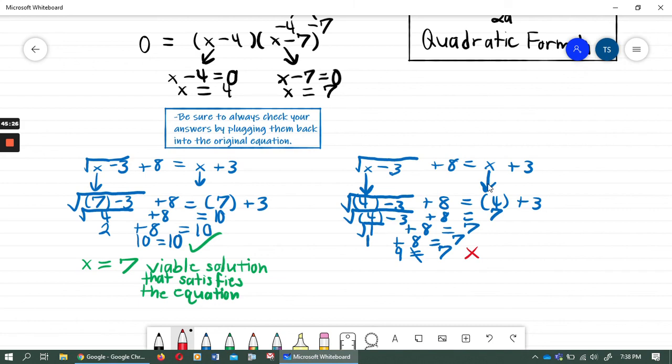Okay? Now guys, for these types of equations, radical equations, when you get a solution like here, we definitely got 4 as a solution. There's no way to work around that.